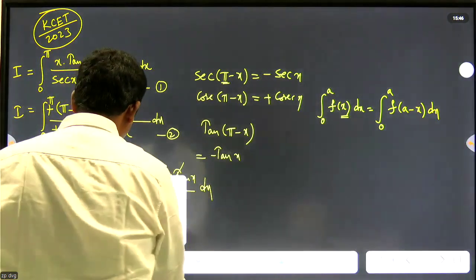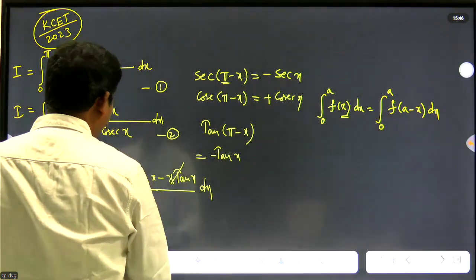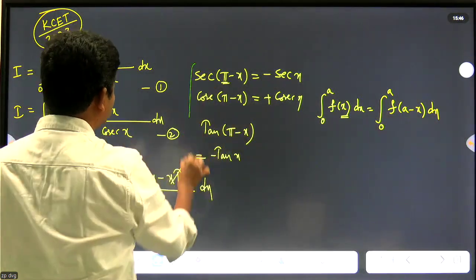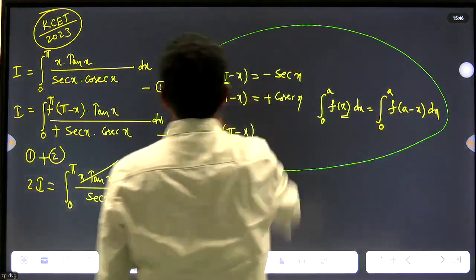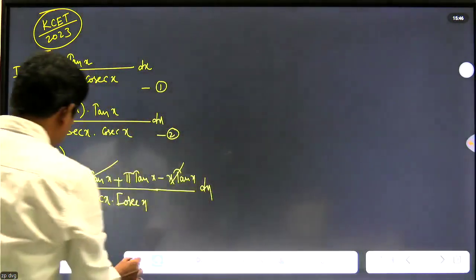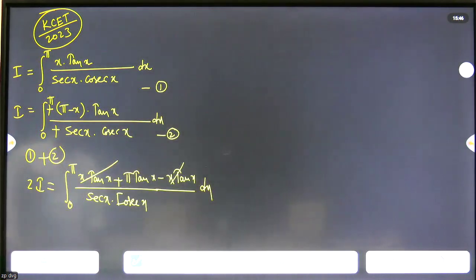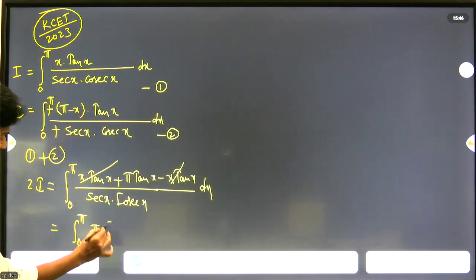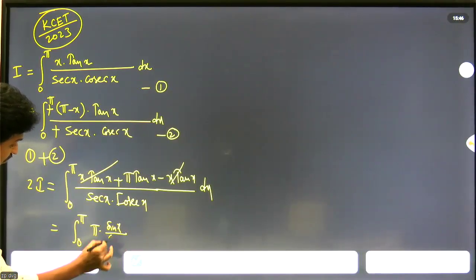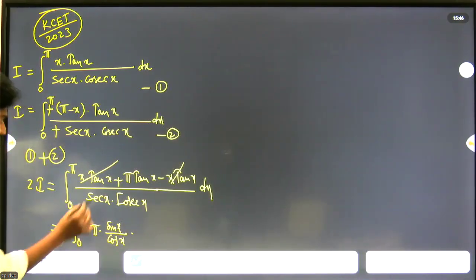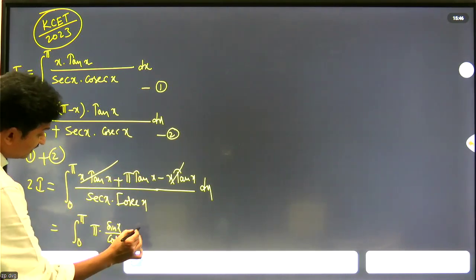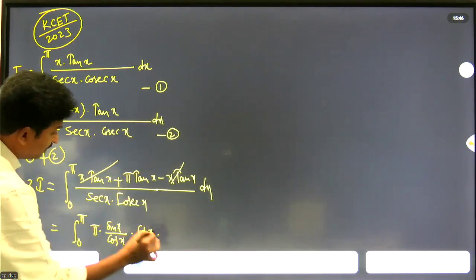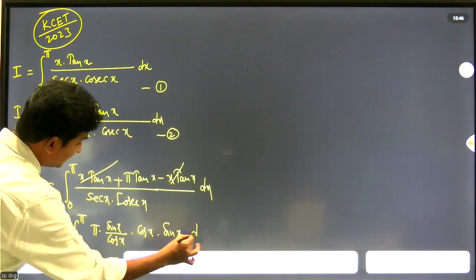So what things are remaining here? Integral of 0 to pi, pi into tan x. Tan x can be written as sin x by cos x, into, here 1 by secant x. 1 by secant x is what? 1 by secant x is cos x. 1 by cosecant x is what? 1 by cosecant x is sin x dx.